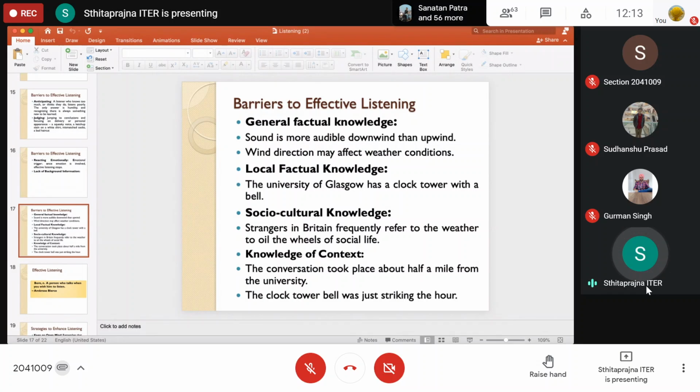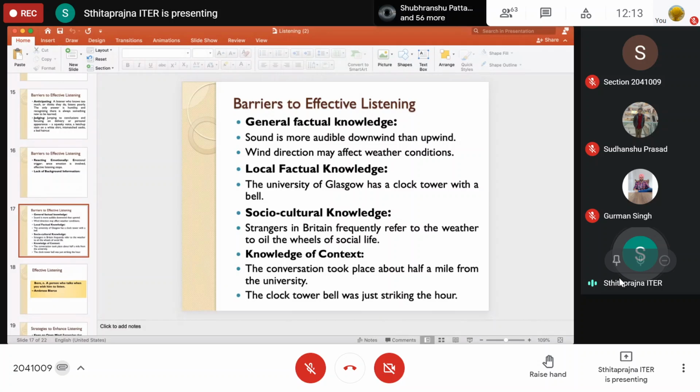And both of them said that the university has a tower. It's actually a clock tower, and the clock tower has a bell. So while they were talking, the clock tower bell in the university was just striking, just ringing.